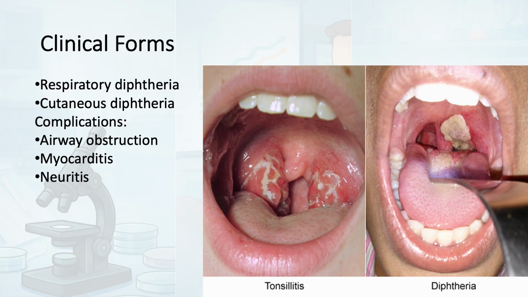BCG vaccine is a vaccine provided in order to decrease mortality caused by tuberculosis. But why can we not say 100% we have vaccination and specific prophylaxis against tuberculosis?